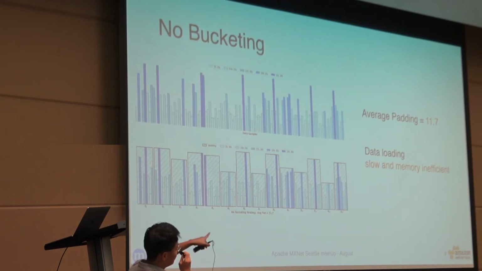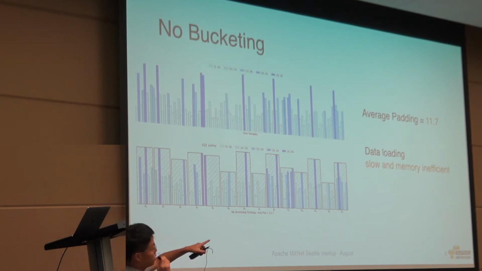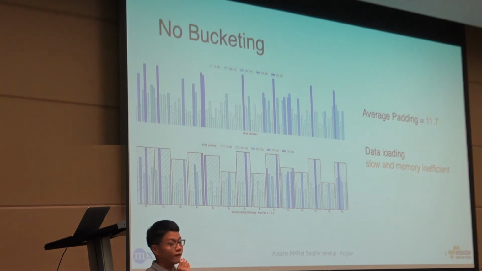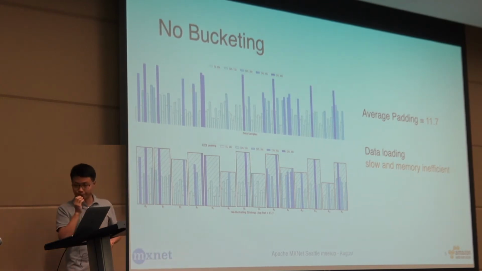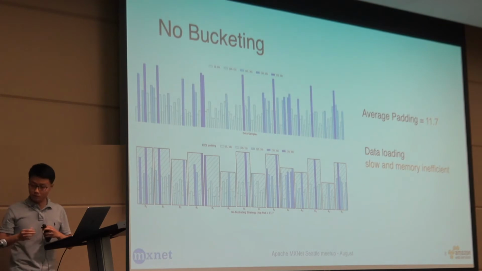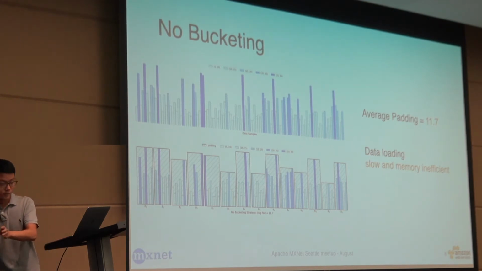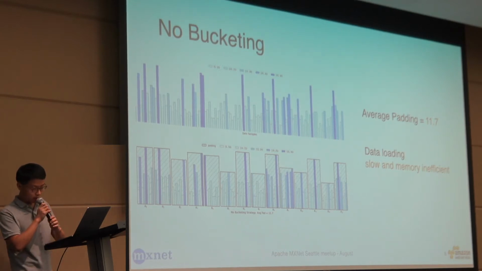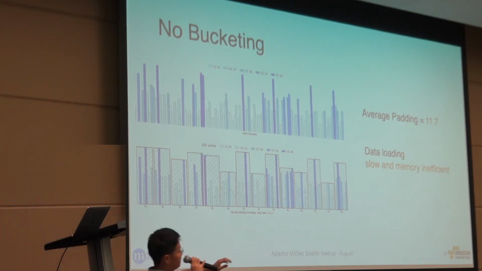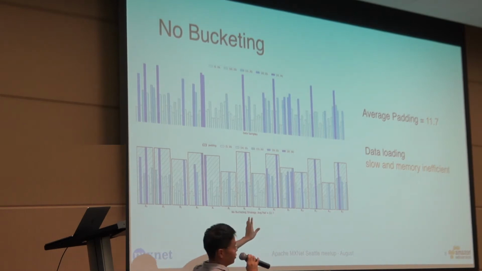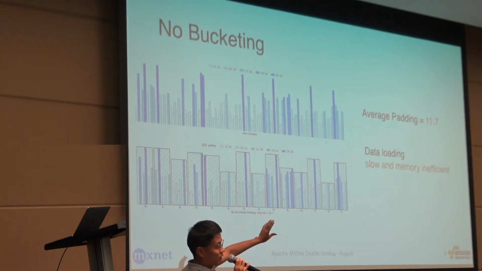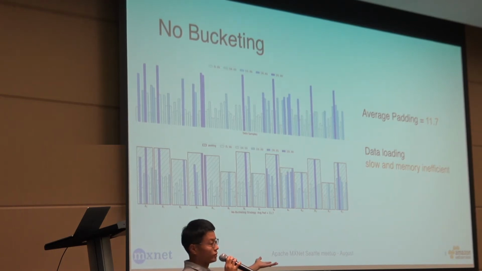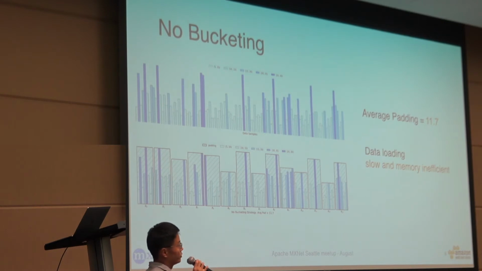And then, for example, for this data sample, the average padding will equal 11. That means for each sample you have 11 empty tokens that just occupy the memory and do nothing, just to make your algorithm run.